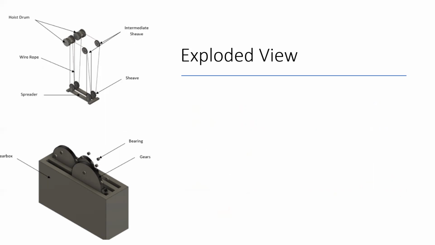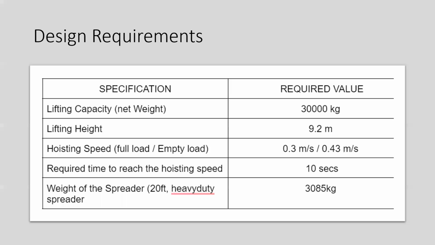Lastly, there is our gearbox. First, the gearbox itself, the gears, bearings, and this will include also the shaft and the motor, but we didn't include this here. So next is Gutierrez for design requirements.